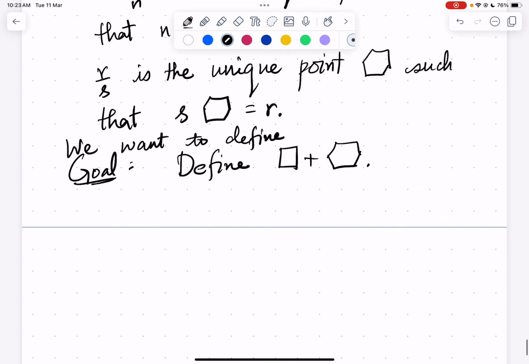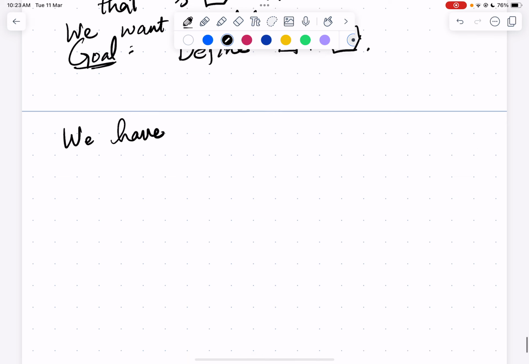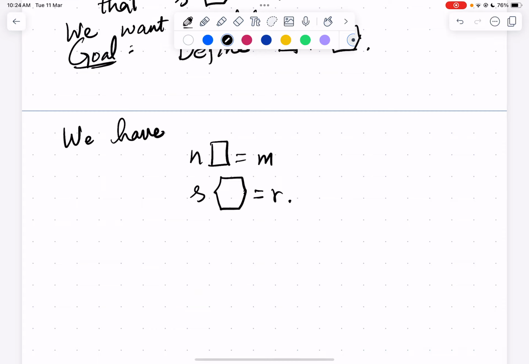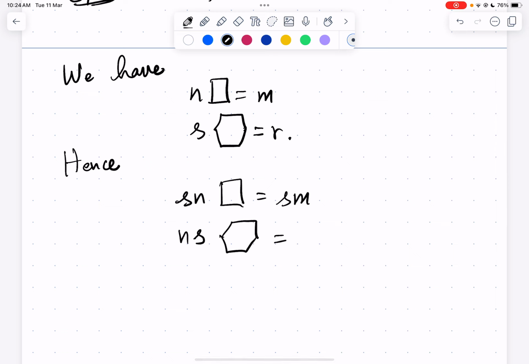Okay, so we have n times box equals m, s times hexagon equals r. Hence sn times box equals sm, ns times hexagon equals nr.